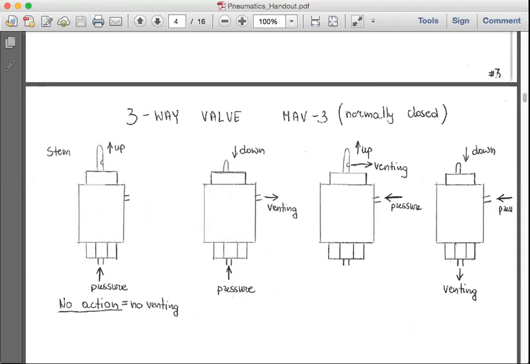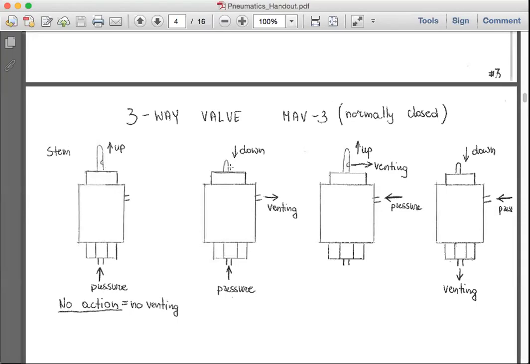The way that the 3-way valve works, if you provide the pressure, and on our diagram of the limited memory system the pressure comes to the bottom of both 3-way valves. If the pressure is provided at the bottom and the stem is up, the pressure is not passed anywhere. It just waits for the activation of the stem on the valve.